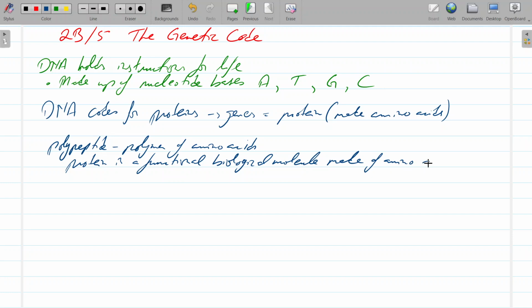How are these two different? These two are different because it is possible that you may have a polypeptide chain that is not a protein, and that is because sometimes proteins are made up of multiple polypeptide chains.